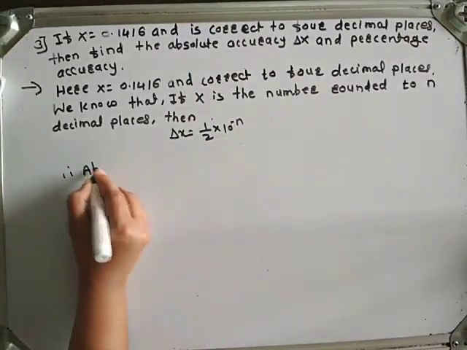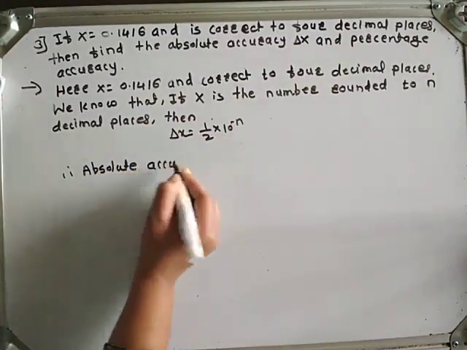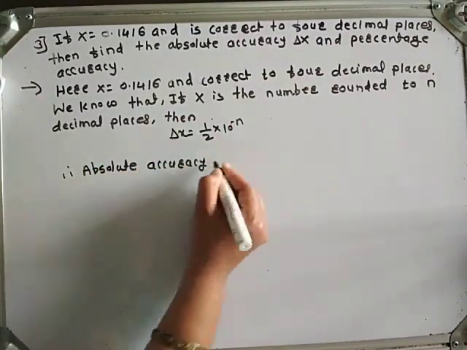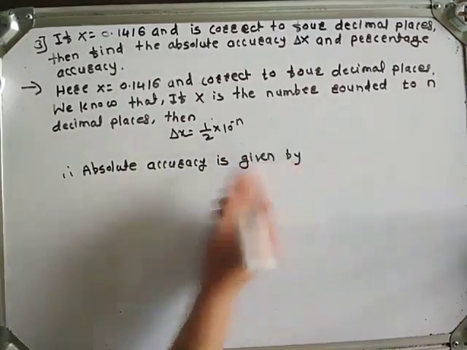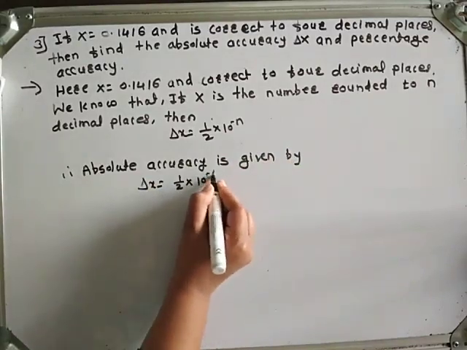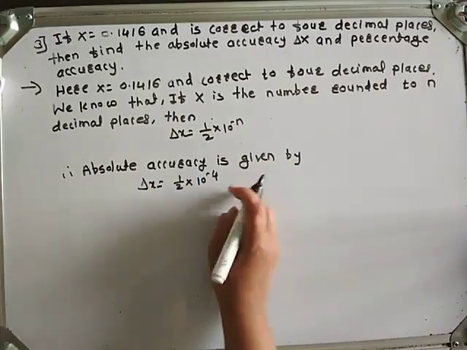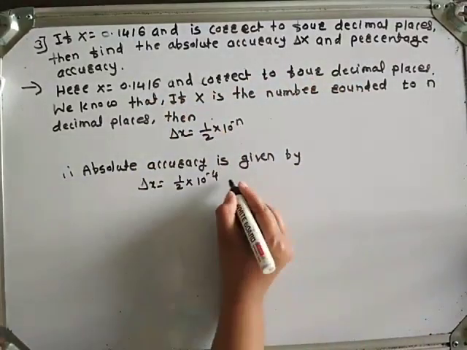Therefore absolute accuracy is given by delta x is equals to 1/2 into 10 raised to minus 4, because x is rounded to 4 decimal places.